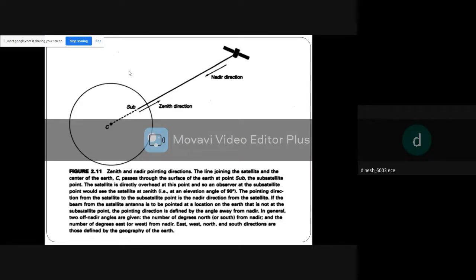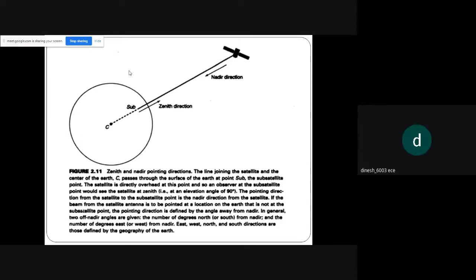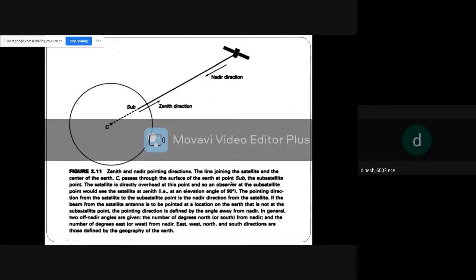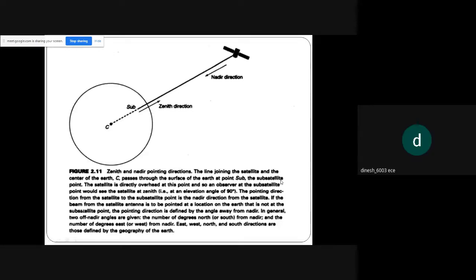So the line joining the satellite and the center of the Earth, which I mark as C here, passes through the surface of the Earth at some point, which I consider as SUB, and we call it the sub-satellite point.